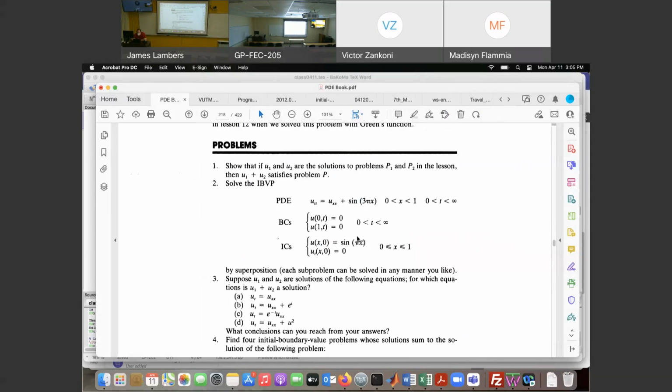And the other part of the superposition would have the initial data, but no source term. So there would only be one non-homogeneous ODE to solve, the first problem for n equals 3, and that ODE would have all 0 initial values.